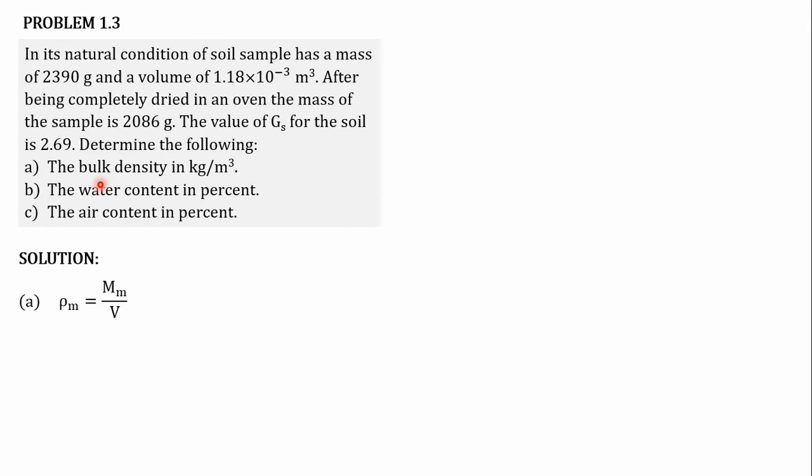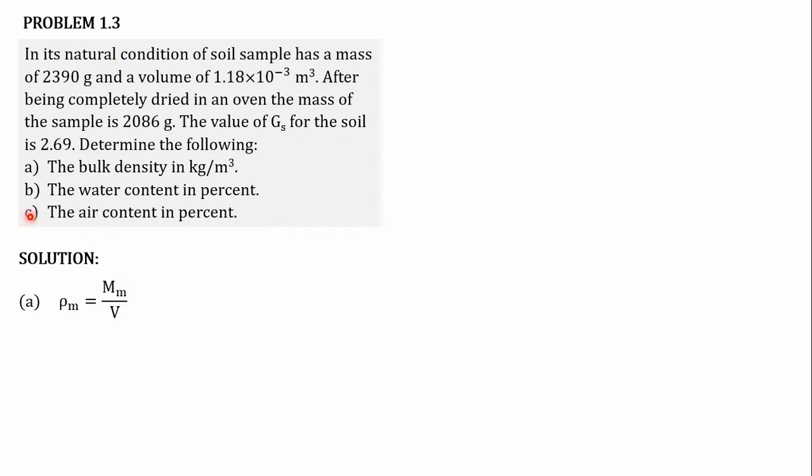So therefore, the density of a moist soil is equal to mass ng moist divided by the total volume. Kasi density ito eh, hindi na to weight, mass na to.